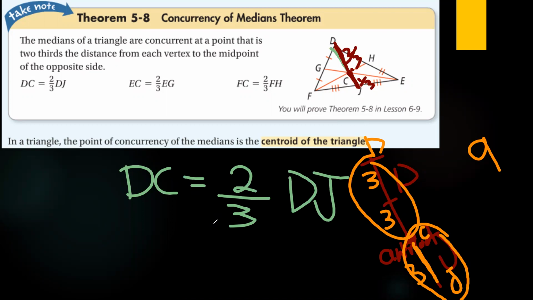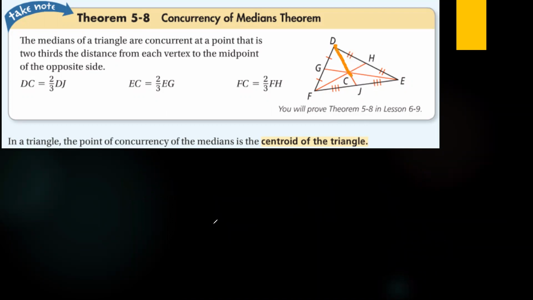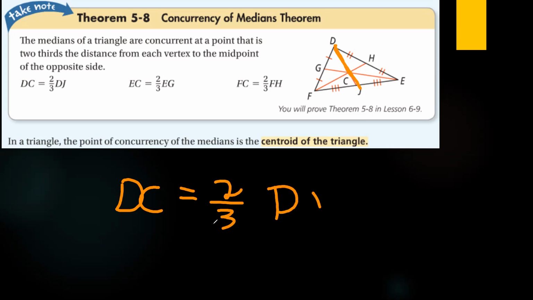DC is on DJ, as you see, so the length of DC will be 2/3 the length of DJ, the whole side. DC is 2/3 of DJ.